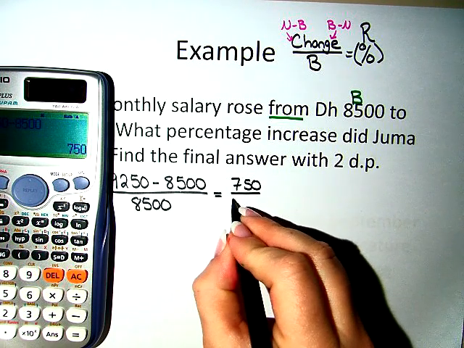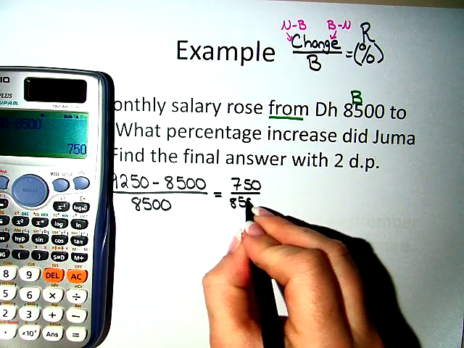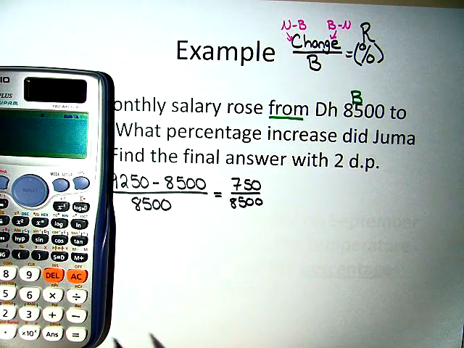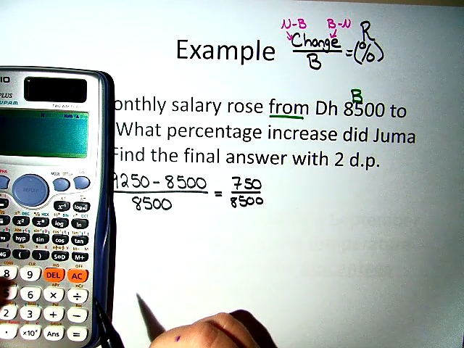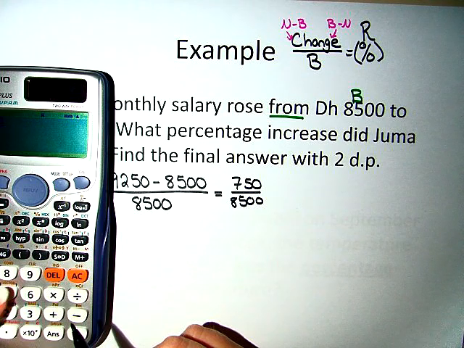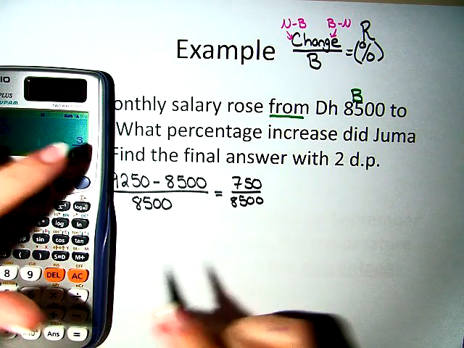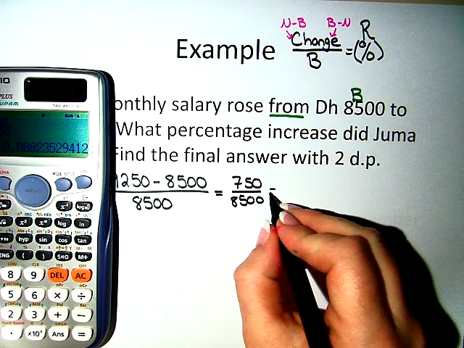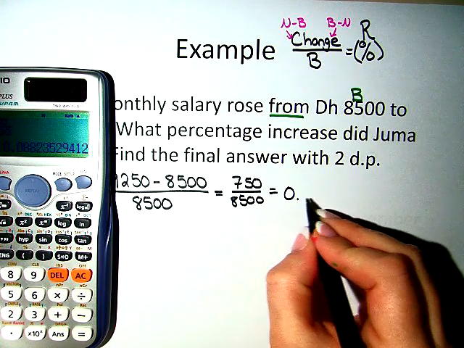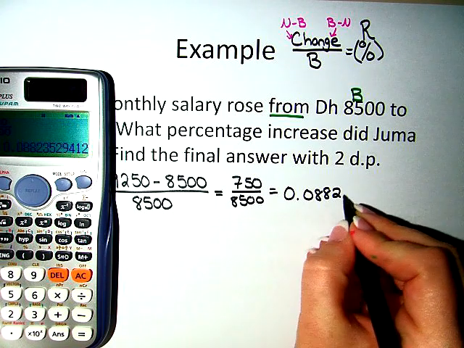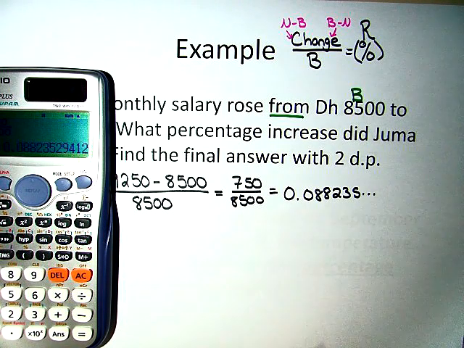And we're going to divide that by 8,500. So we make that 750 divided by 8,500, and we get a really funky decimal, 0.088235, and it keeps going on.